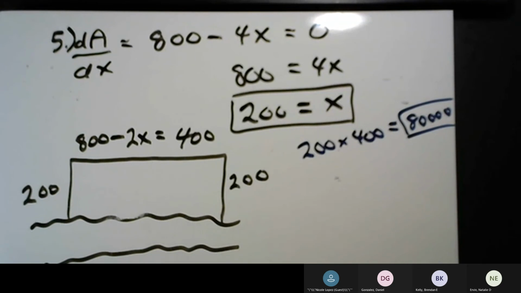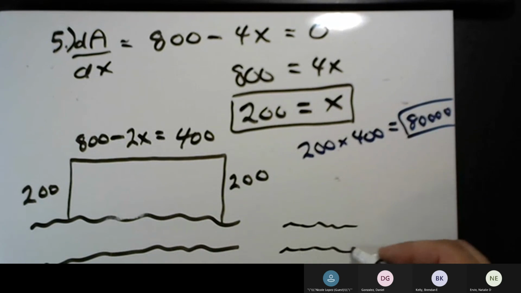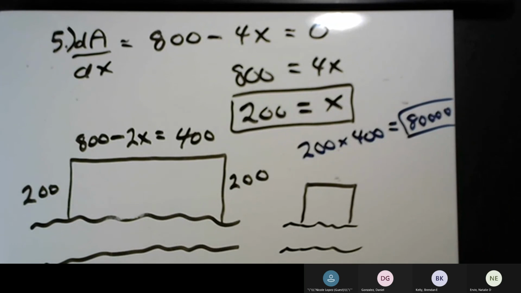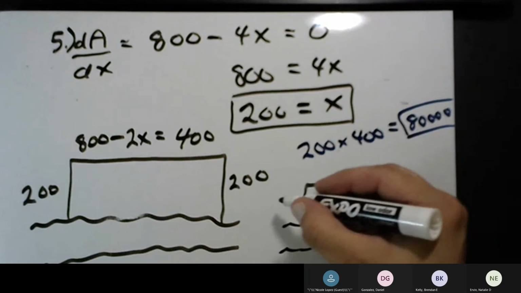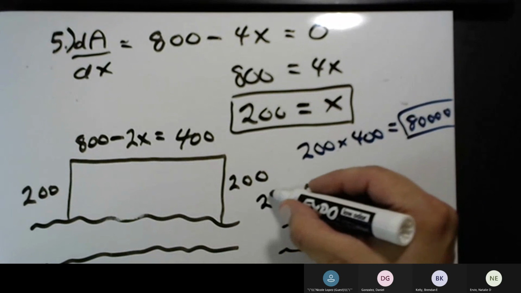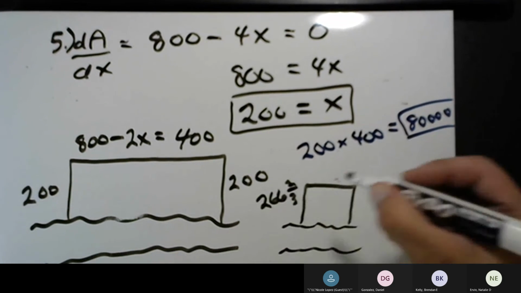And then now, let's say they were the same. Let's compare this to if we had a square here. Well, that means each length would be the same size. This would be 800 divided by 3, which is about 266 2/3.